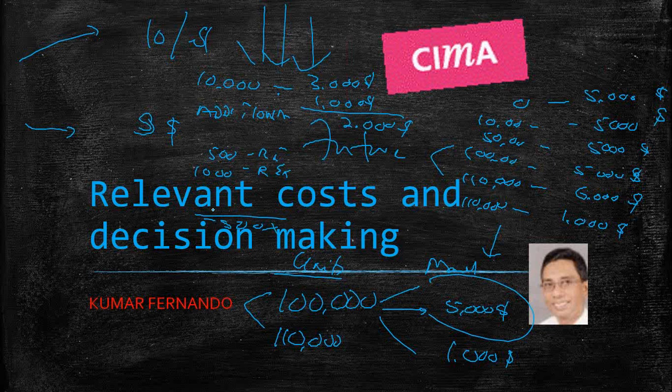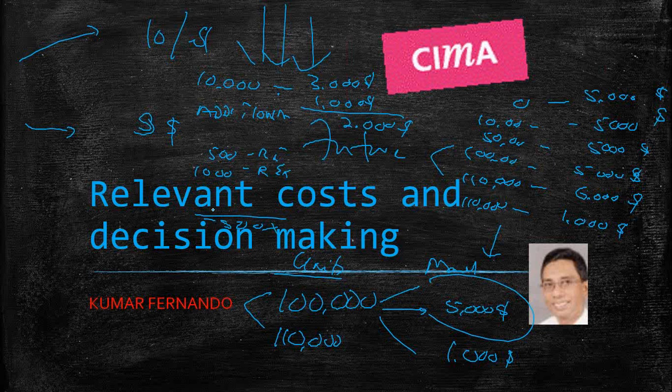Because we take a decision to offer Sam an additional $1,000 commission, we have to see what is going to happen to our income and our expenditure, and that is what we call relevant. So they are basically future costs. It's not something that you have already incurred.